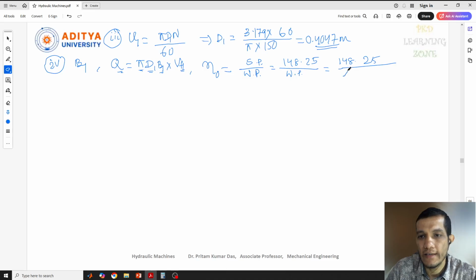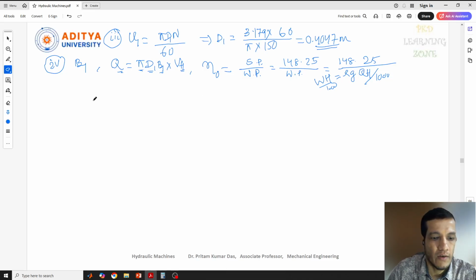I can write the formula rho g Q H divided by 1000. Actually this is water power formula. Directly that is nothing but W into H, and in place of W, mg, which is written as rho g Q, then H by 1000.